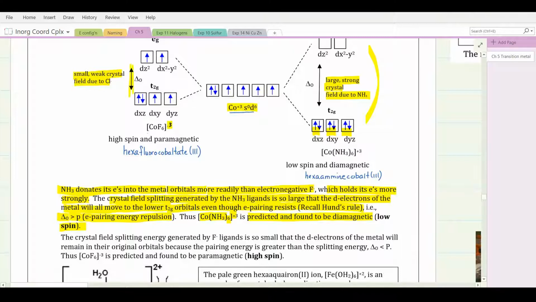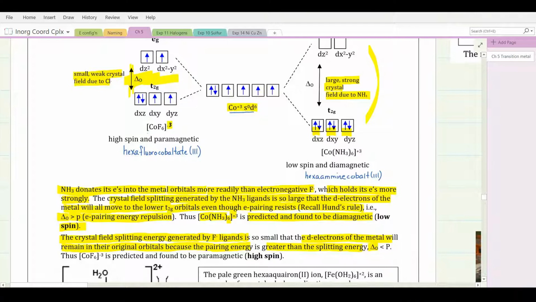Now compare that. The crystal field splitting energy generated by the fluoride ligands is so small, see how small it is here, that the d electrons of the metal will remain in their original orbitals because the pairing repulsion is greater than the splitting energy. So the octahedral field splitting energy is small.